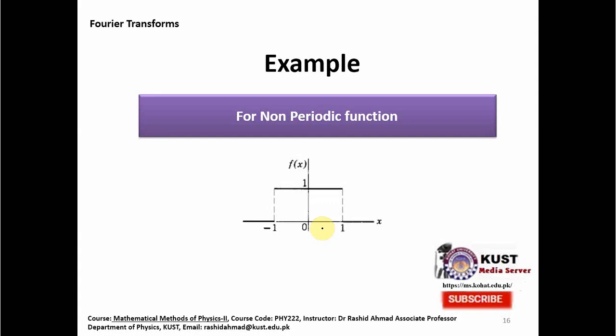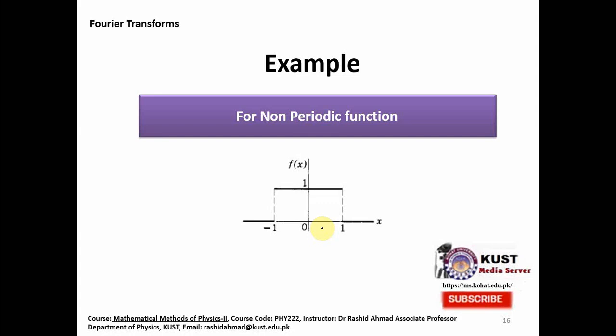So these are all non-periodic functions, and we cannot represent them with the help of a Fourier series. So therefore we want to use the Fourier transforms for them and do the analysis. And it's very interesting that we can still do this analysis using Fourier transforms for these non-periodic functions.